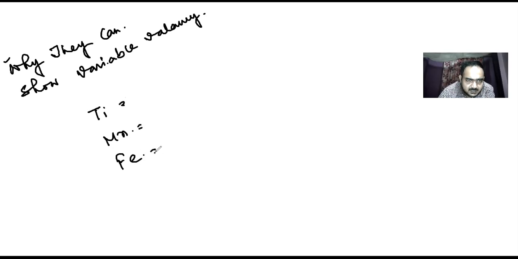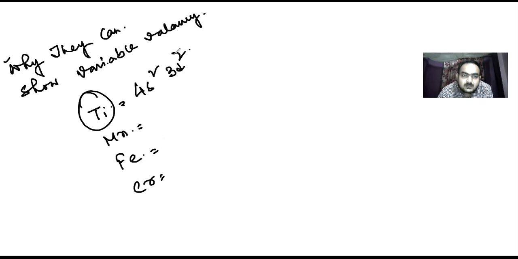Chromium also you can see. Titanium has 4s2 3d2, so you can eject one electron slowly, one electron at a time.